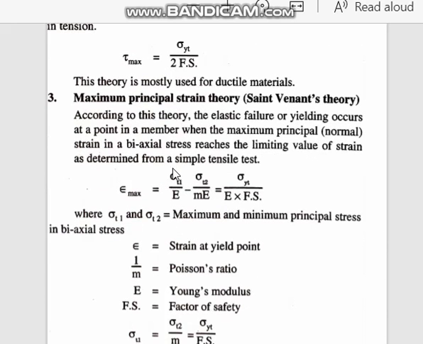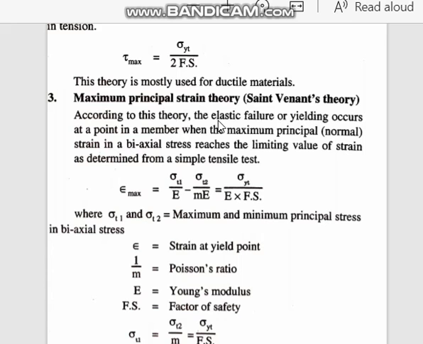And the third theory of failure is called the maximum principal strain theory. This is not stress, here it is strain. Okay, maximum principal strain theory, this is also called Saint Venant's theory. What does this say?